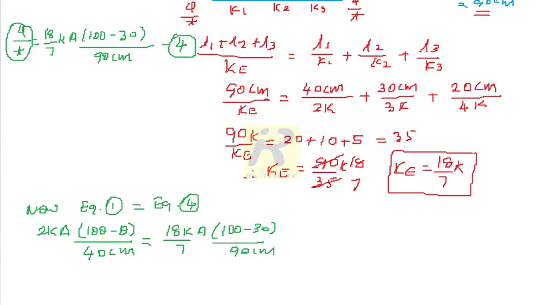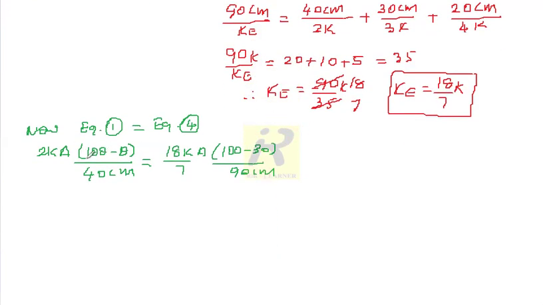So I can do further. See here, the terms KA and KA get cancelled. And what is left, here is 2 and here is 40, that means it is 20. Here it is 70, here is 7, that means it is 10. Here is 18, here is 90, that means it is 5.